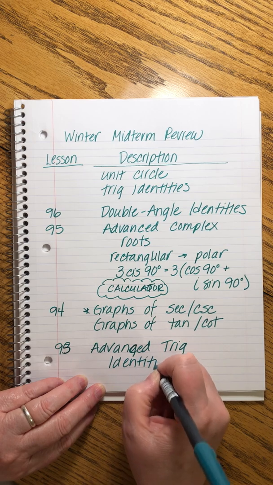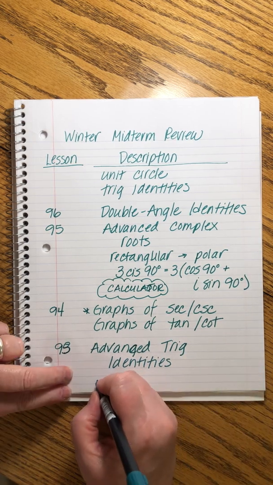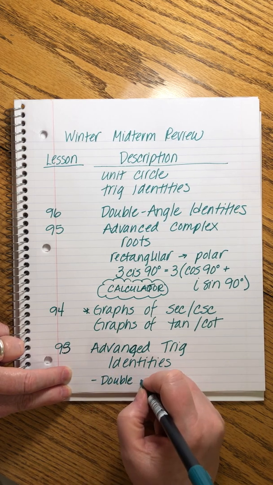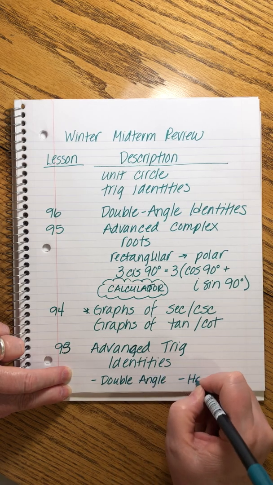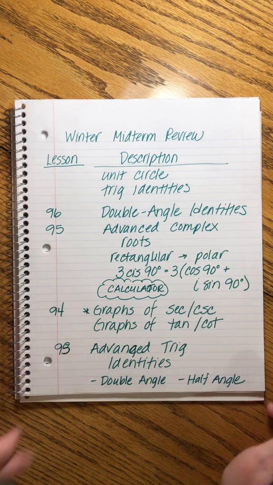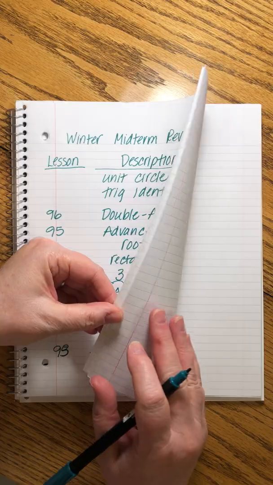And this is where we are forming the double angle, I believe, if I'm remembering this right, and the half angle. Make sure you can do that. Right? Don't memorize them, just know how to get there.